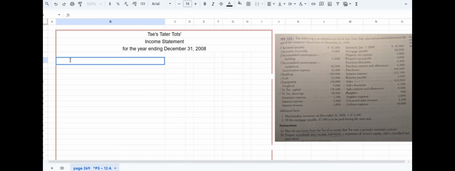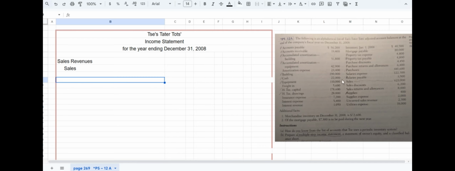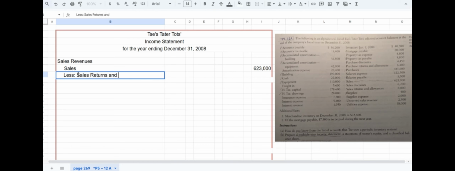So let's start with sales revenues. First thing we want is sales. And that is 623,000, and that goes in the fourth column. Next, we want to subtract some accounts, namely sales returns and allowances.